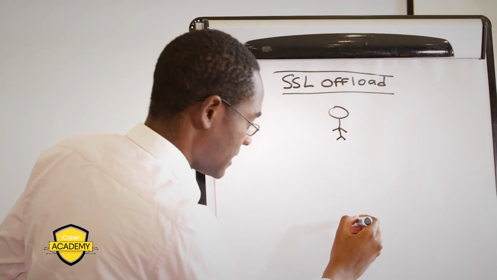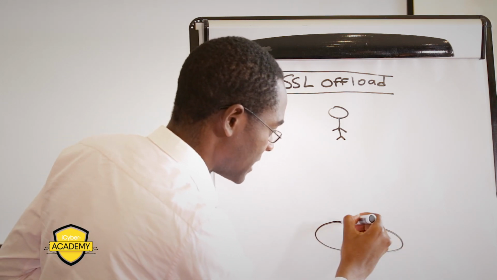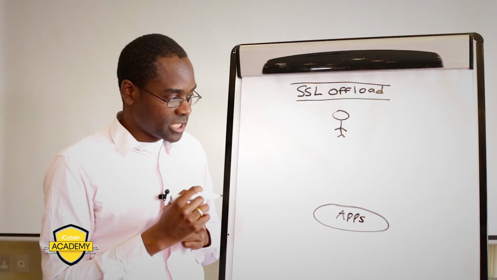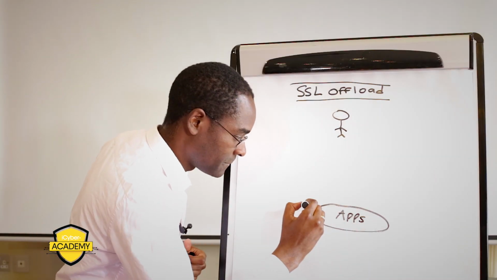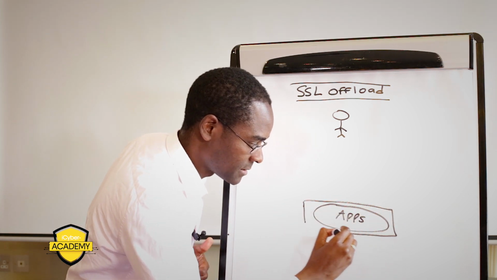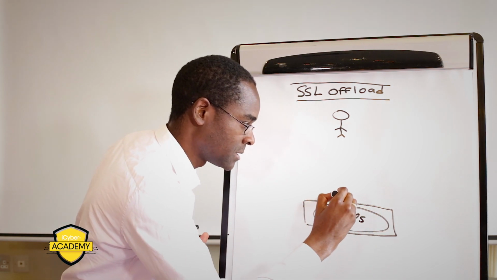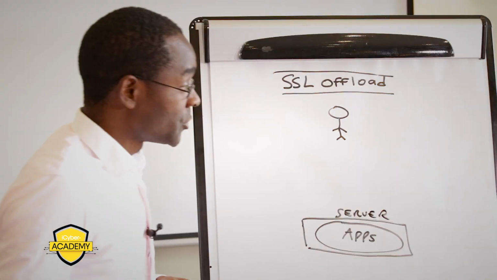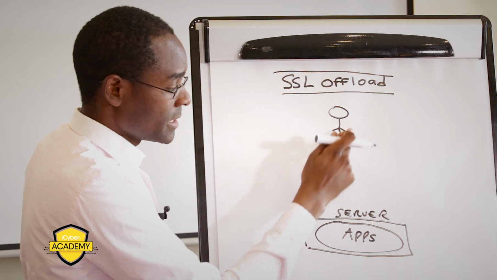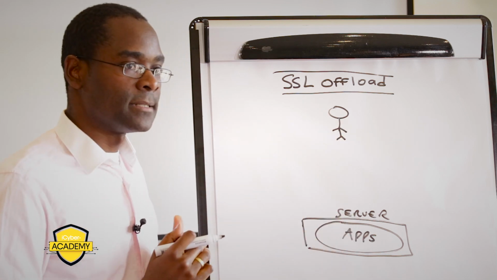I'm always going to draw a backend system with a tiny little circle. This is our application, and this application is running inside the server. I'm going to call this server. So we're trying to do a secure communication between the client and the backend system.